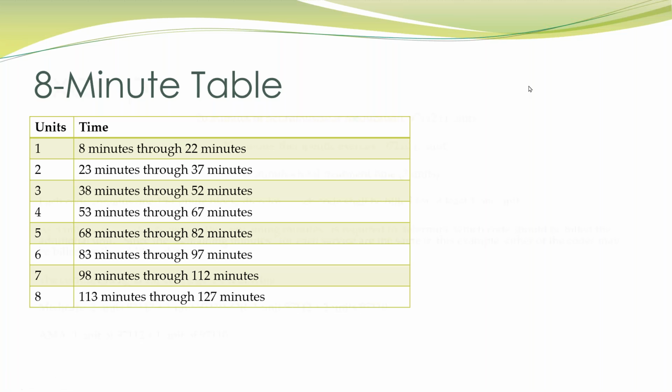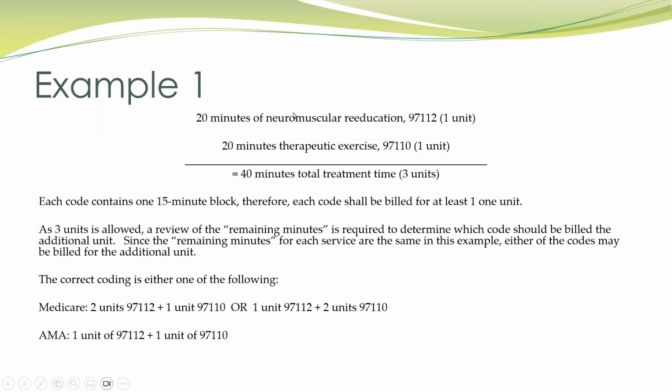All right, and I'll show you some examples of how these work out to be different in some cases or the same in some cases. So for example, here, 20 minutes neuromuscular ed and 20 minutes therapeutic exercise. Those would be 1 unit each if it was the AMA rule, but when you're using the total time rule, you combine them, which is 40 minutes or 3 units.